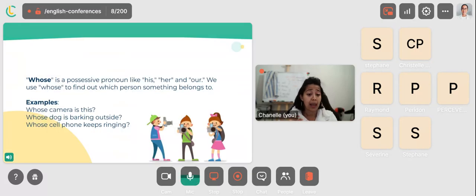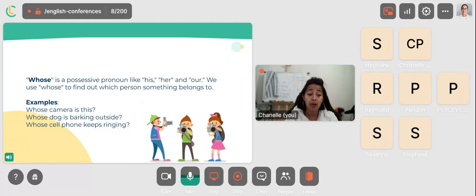Whose is a possessive pronoun like his, her, and our. We use whose to find out which person something belongs to. For example, whose camera is this? Whose dog is barking outside?